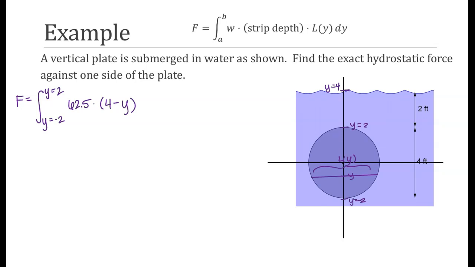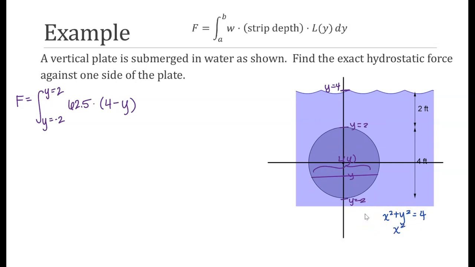So I'm going to go ahead and do some scratch work down here underneath the diagram. So the equation of a circle in general centered at the origin is x squared plus y squared equals the radius squared. So in this case the radius is 2, so 2 squared is 4. I'm interested in the right and the left side of the circle, so that means I want them to be functions of y, right? L of y. So I'm going to solve this equation for x.